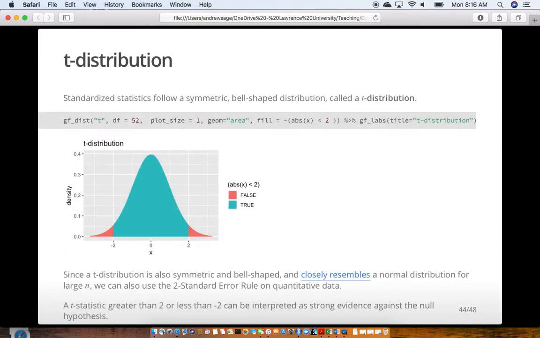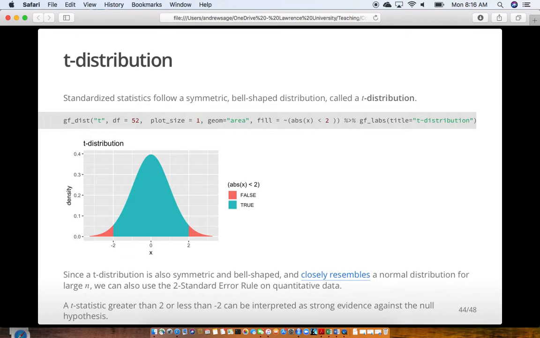The reason for that is because this statistic, under certain assumptions, is known to follow a t-distribution. When you look at the picture, the t-distribution looks a lot like the normal z-distribution that we've seen before. In fact, a t-distribution is also a symmetric bell-shaped curve, and we can apply many of the same rules that we used for a normal distribution.